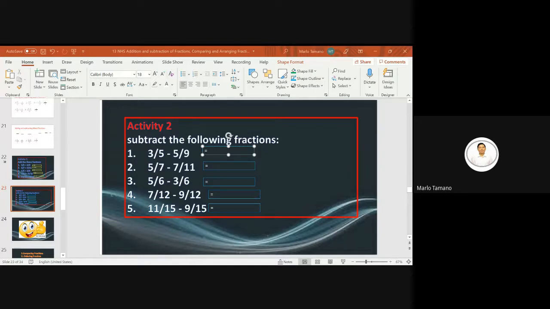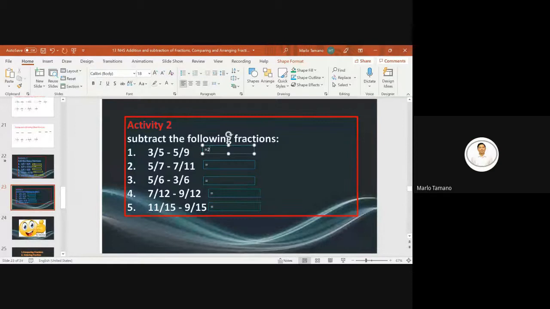Ang dali-dali eh. Bakit? Nahihiya kayo? Sige, go. Ako po. 2/45 po. 2/45. Hindi naman po mahirap eh.